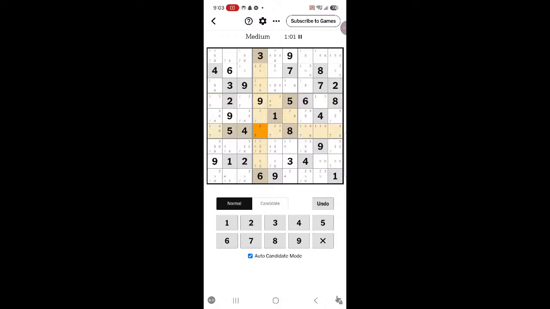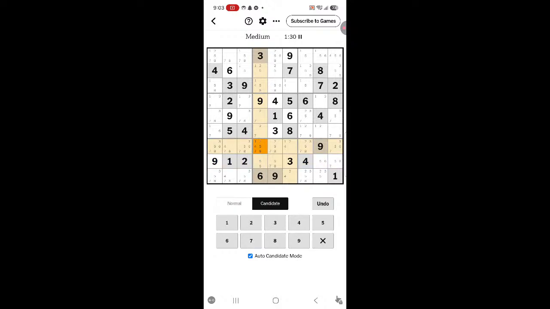Squads. 7, 2 equals not 7, 2 elsewhere in the box. Let's remove those. 7 and 2 equals 6. 3, 4. 4, 1 equals not understood and irrelevant information. 7, 2 equals also column.